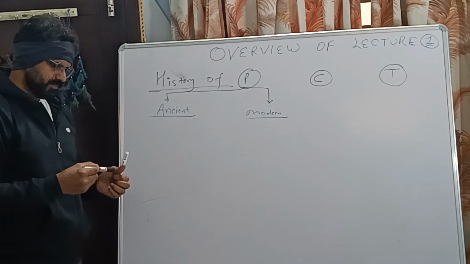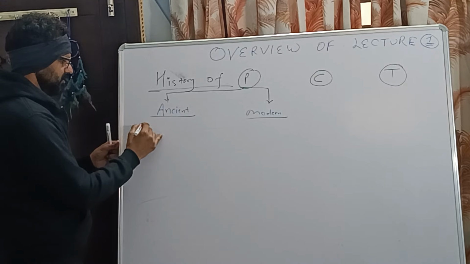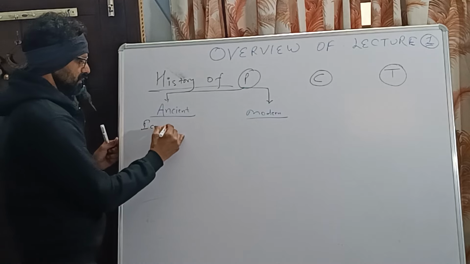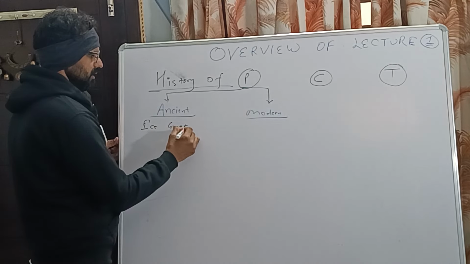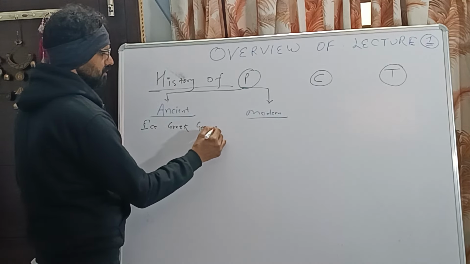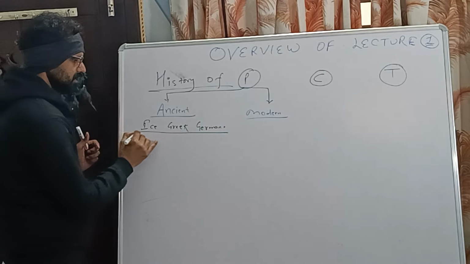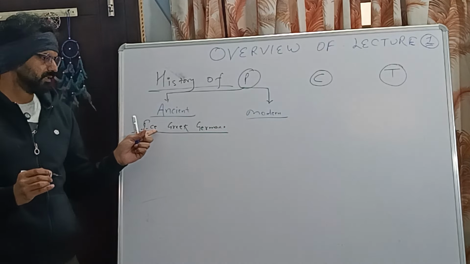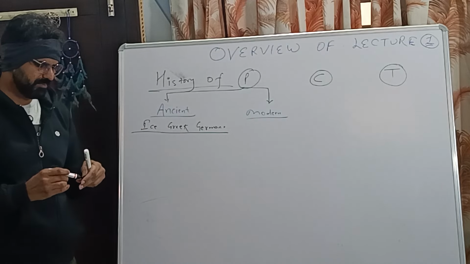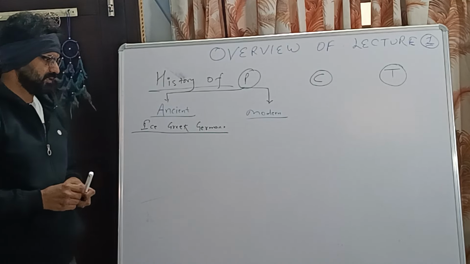Ancient history can be remembered by a simple trick: Ice, Greek, German. This is the basic trick to remember the ancient history.